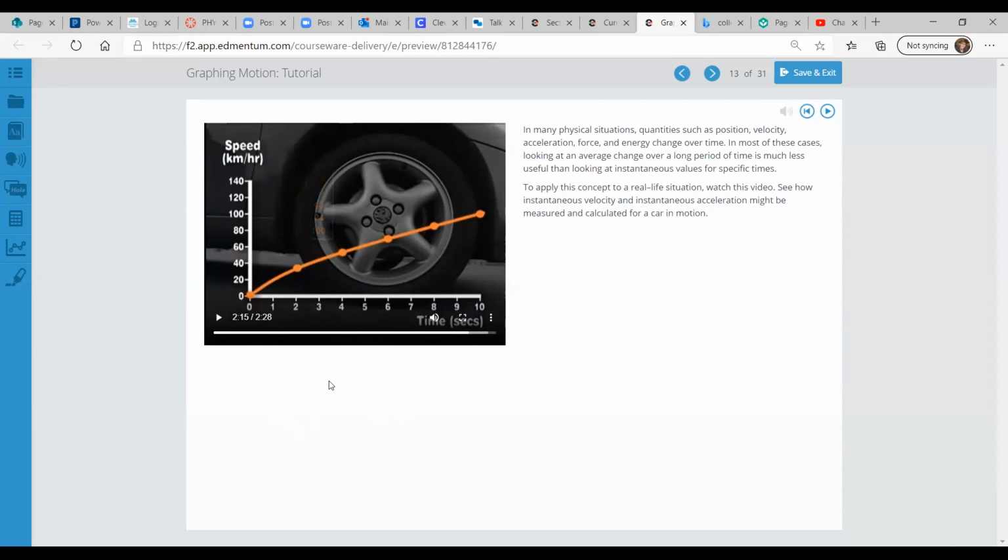And then it talks about how once you get those speeds at specific instances, then you can graph those on a speed versus time graph. And then you take the slope from that, the change in speed over the change in time, or the change in velocity over the change in time, and then you get acceleration.